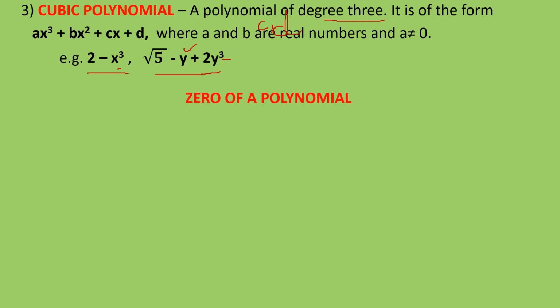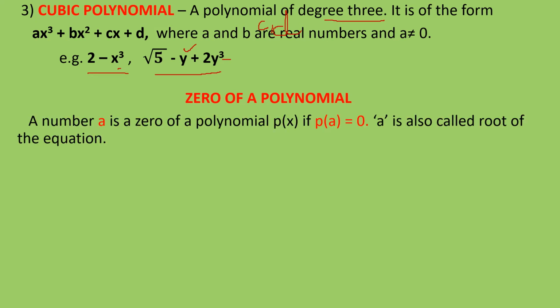Then, zero of a polynomial. So what are the zeros of a polynomial? A number a is a zero of a polynomial p(x) if p(a) is equal to 0. In 9th standard also we have done what the zeros of a polynomial are. Suppose we have a polynomial p(x).